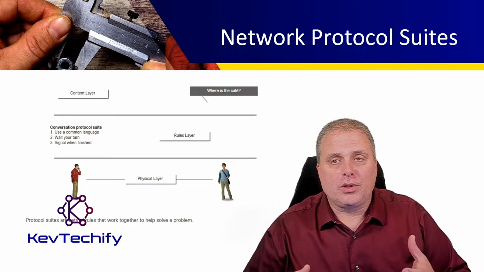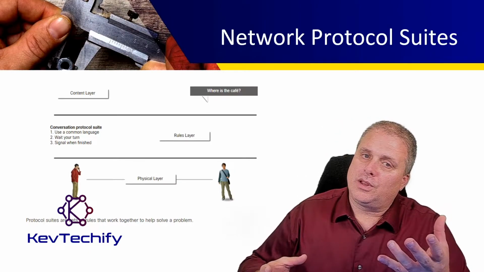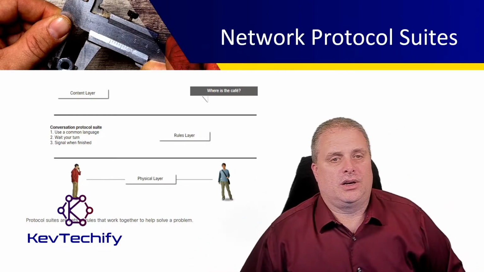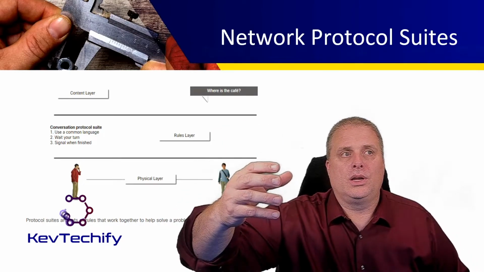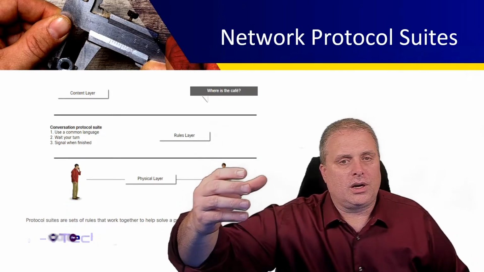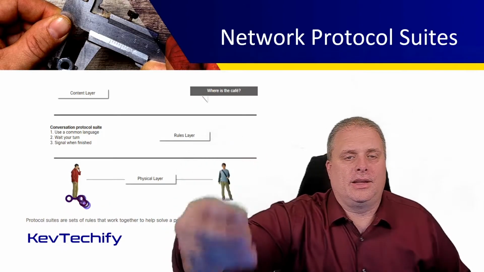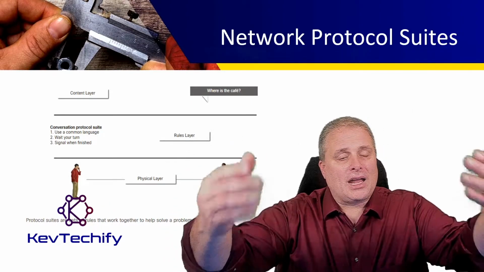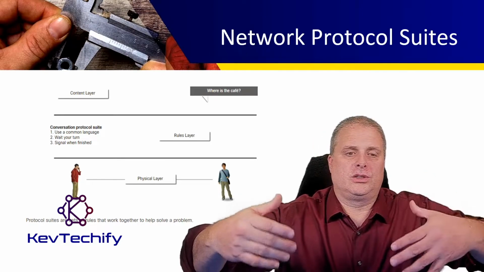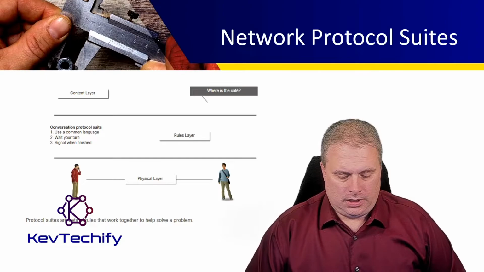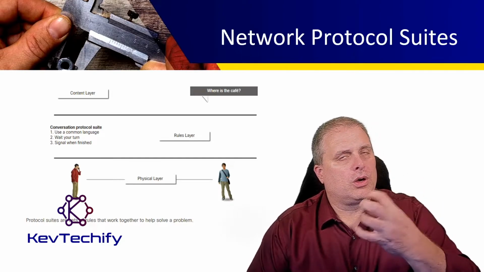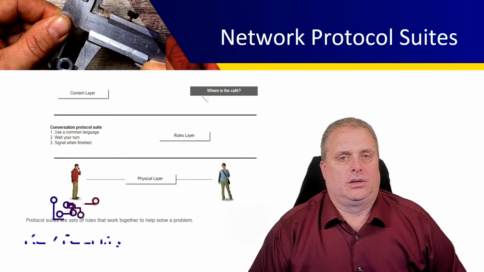Some of them have a couple layers, one has 4 layers I know of, another one has 7 layers. Usually the upper layers deal with the software, with interfacing with the end user. The bottom layers typically are concerned about the data and moving that data across their networks. And so a protocol suite is a group of protocols that work together.